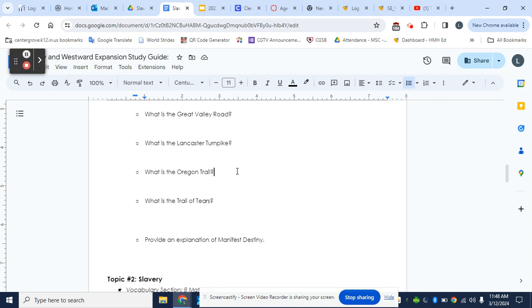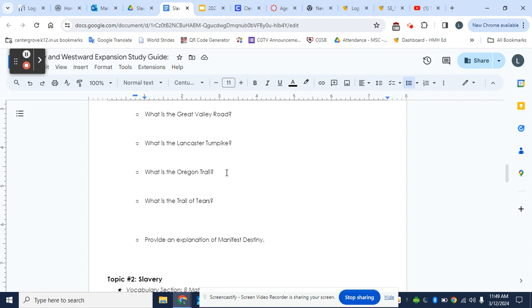The Oregon Trail is next. The Oregon Trail is a pathway that early pioneers took to travel out to Oregon country. I believe I mentioned this in one of the classes, but I watched a video a few years ago where they took aerial views of where they believed the wagon trail was, because they could see ruts in the road or divots, markings in the ground from many, many wagons traveling through that area.